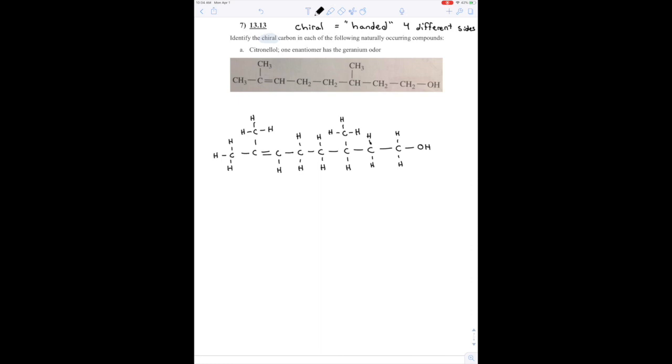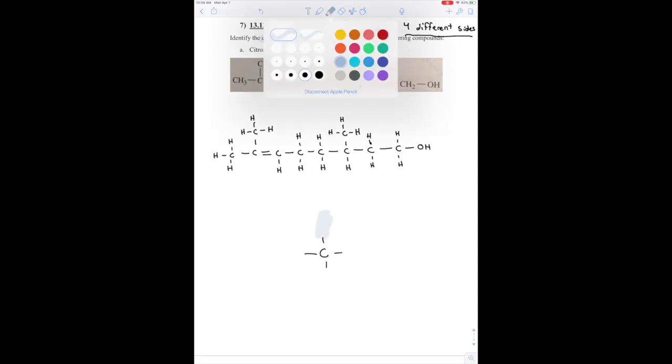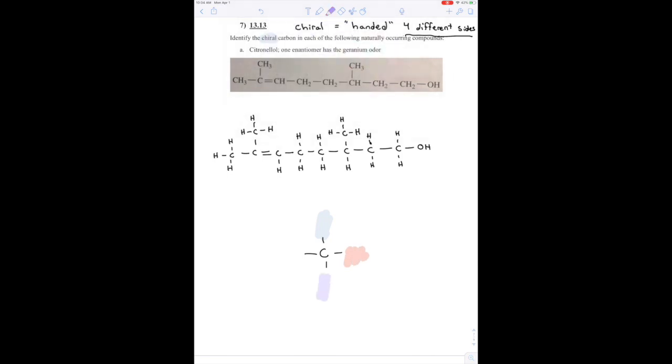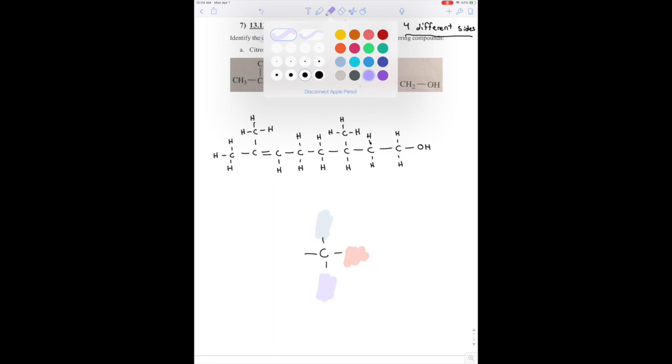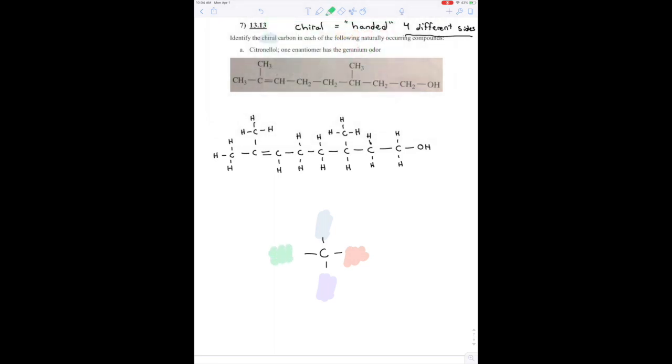Now, there's one element that often has 4 different things attached to it. In other words, has 4 different sides and is chiral. And that is carbon, because carbon can have 1, 2, 3, 4 total bonds. So if the things bonded to it are all different, and only if they're all different, then that carbon would be described as chiral.